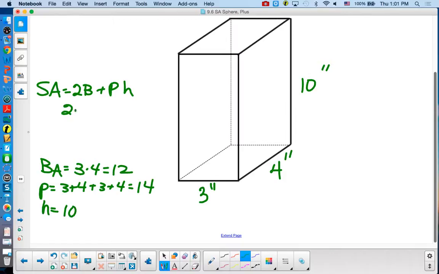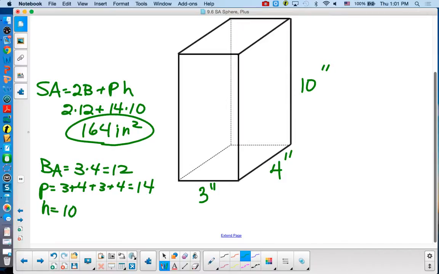Okay, so 2 times 12, 24, plus 14 times 10, 164. 164 total. Get it right? Questions? This one is surface area, but it's for what shape? Prism. Well, prism surface area. We did that yesterday.